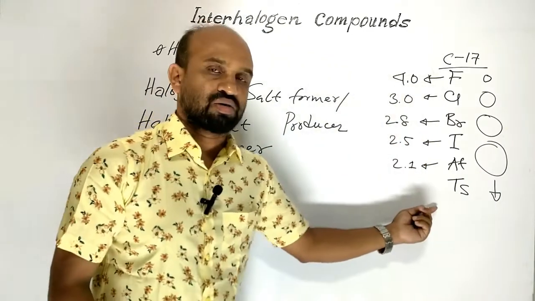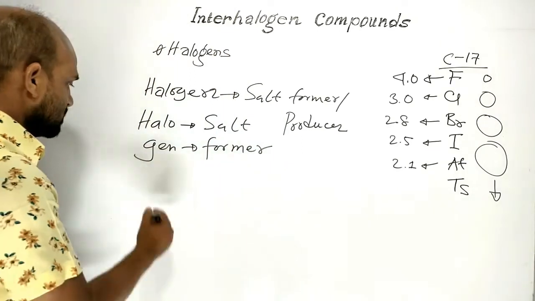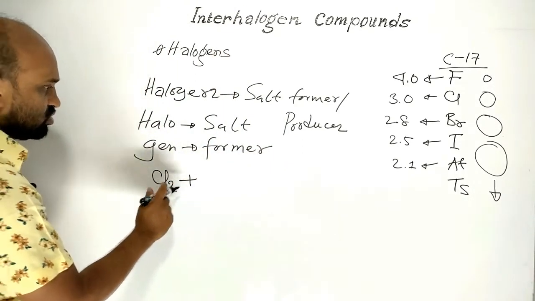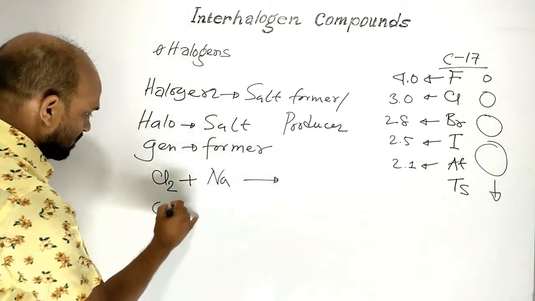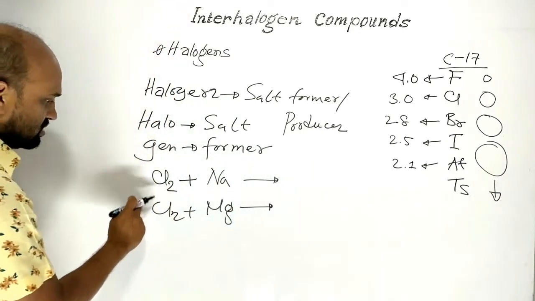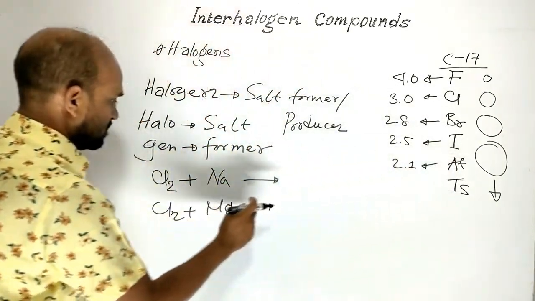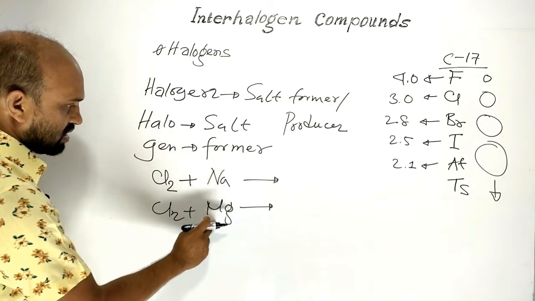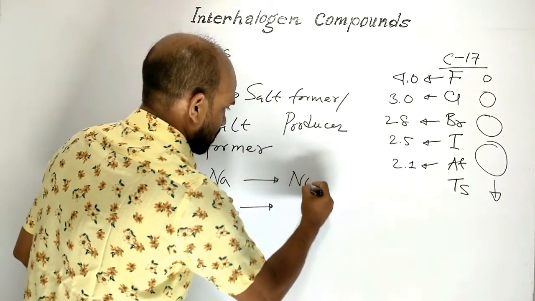These elements are called halogens, salt producers, because these elements, suppose chlorine, reacting with alkali metals or alkaline earth metals form salt.